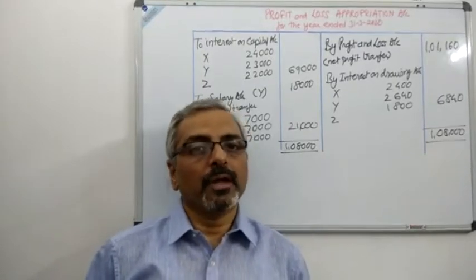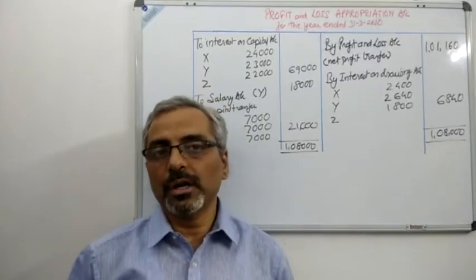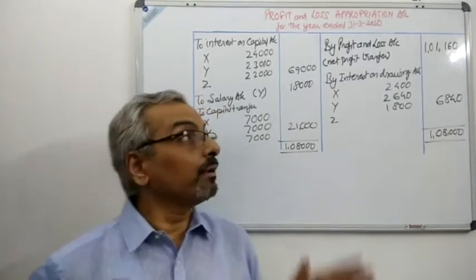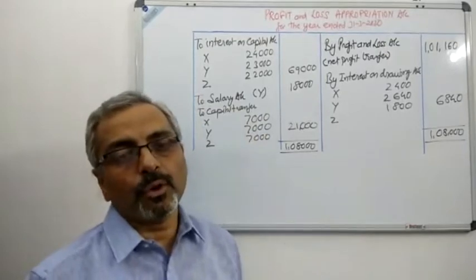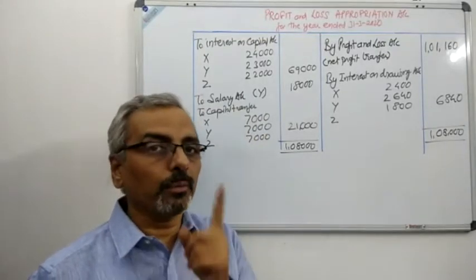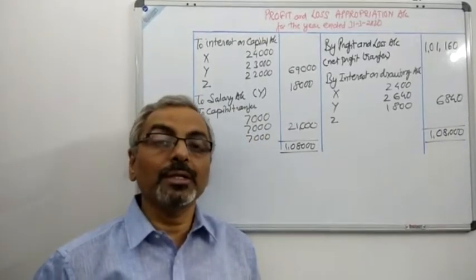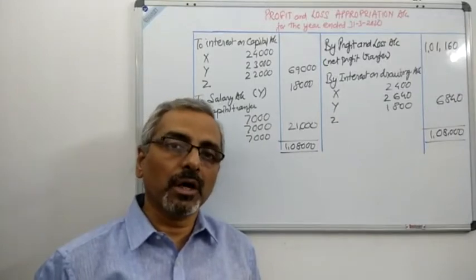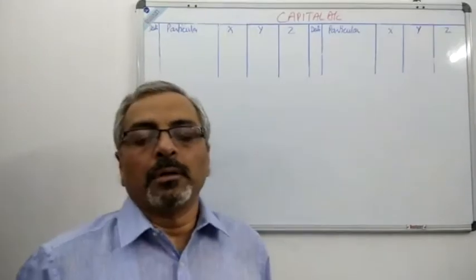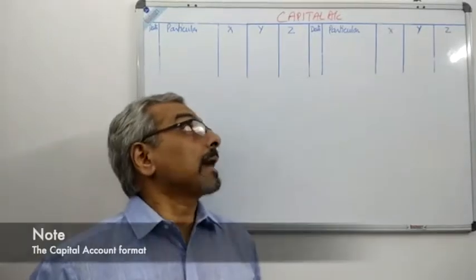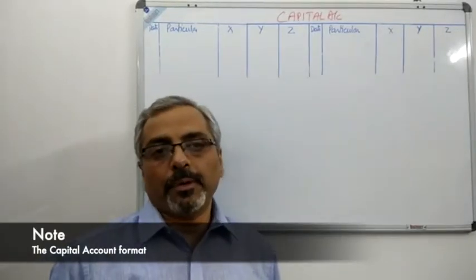If you remember, Y and Z had both introduced additional capital, and all the entries which are there in the profit and loss appropriation account will not be transferred to the capital account. Instead, they will be transferred to another account which will be the current account. Now we'll prepare the capital account and after that we'll prepare the current account.